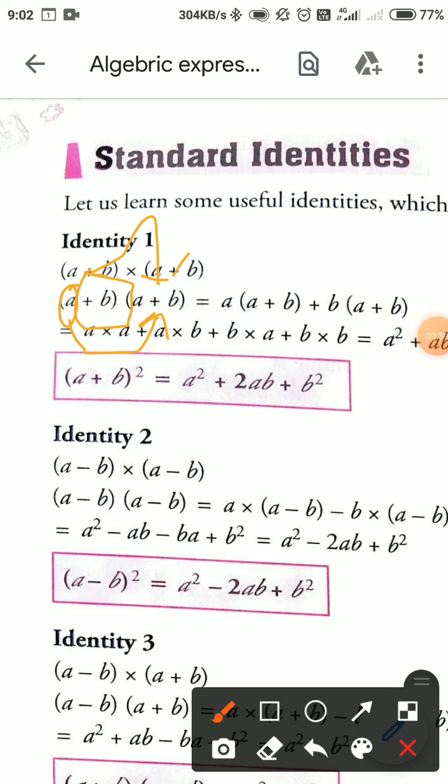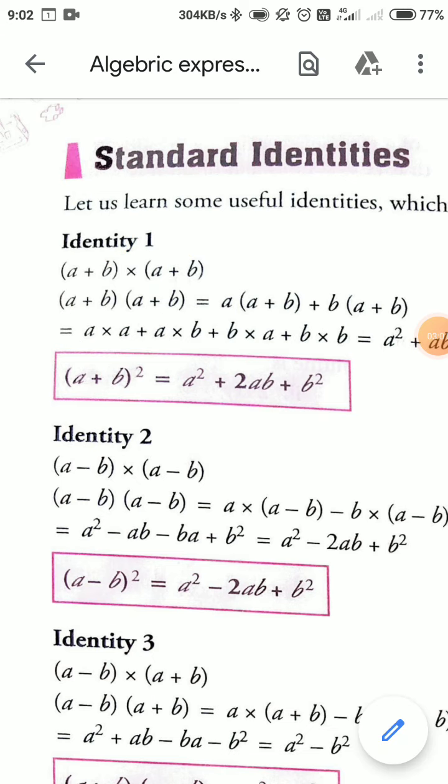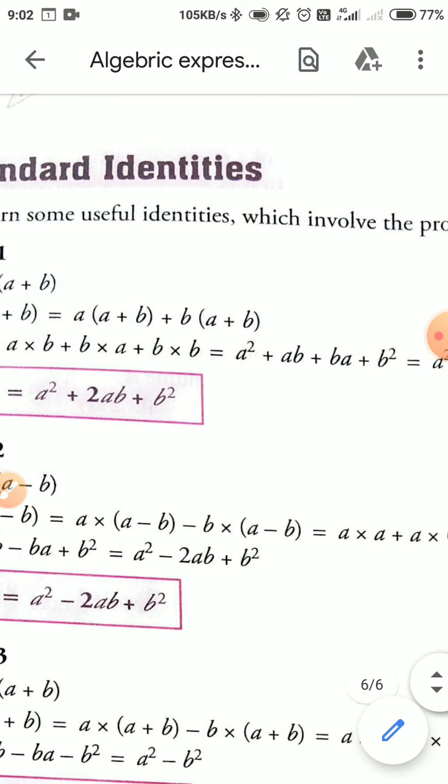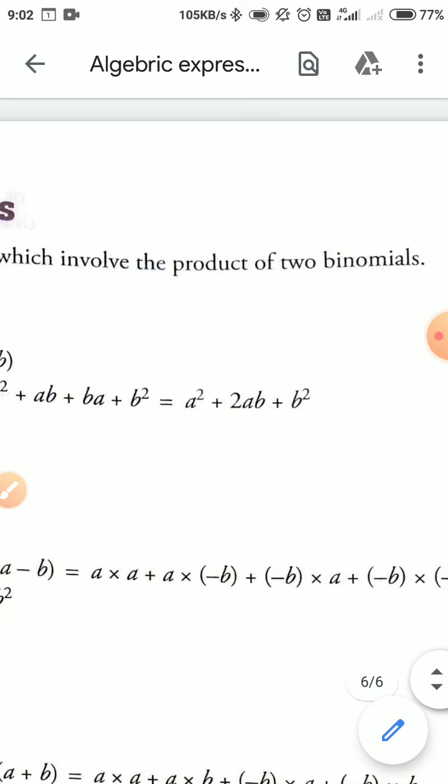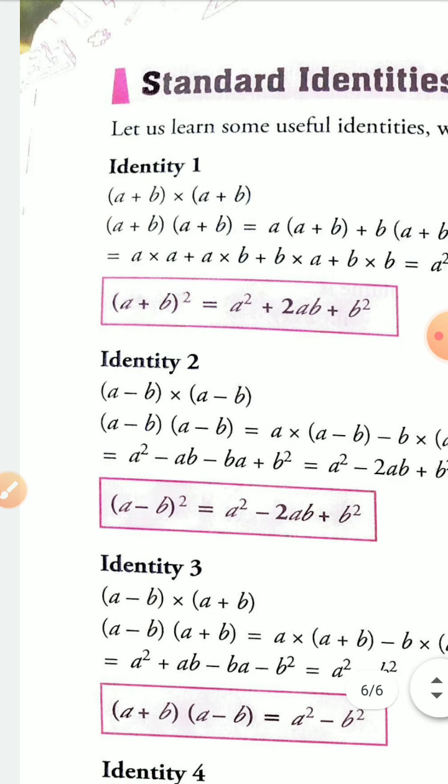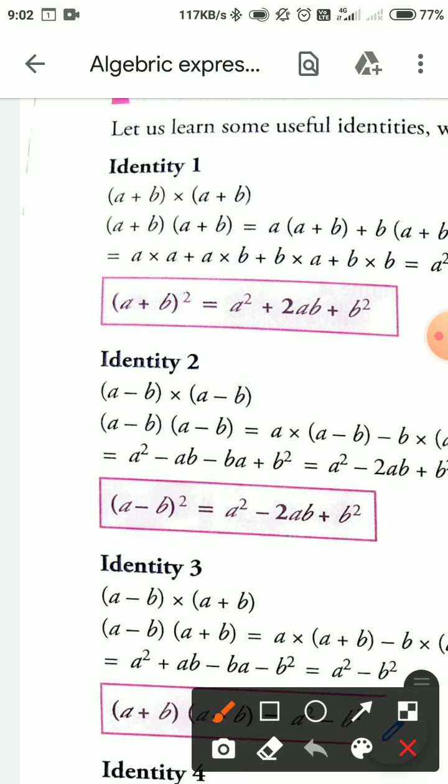Here you can see that we have two like terms, that is ab and ba. You will add these, so what you will get finally is a square plus 2ab plus b square. So this one is an important identity.